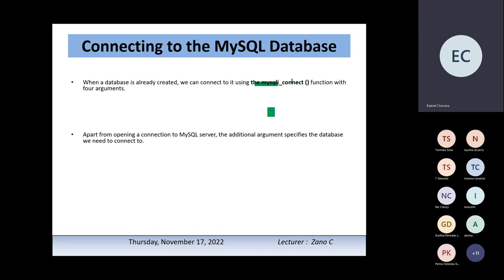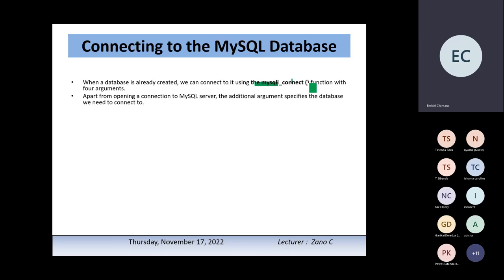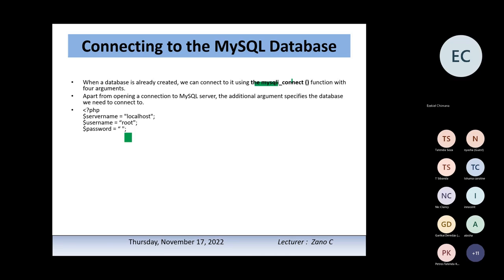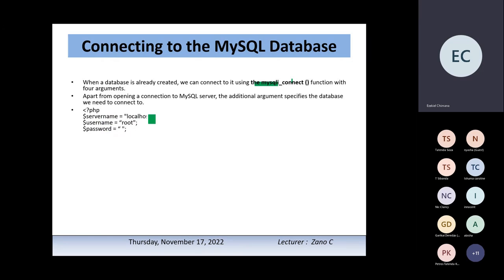Otherwise, you create the connection with 4 arguments, and the 4th one will be the actual database. Apart from opening a connection to the MySQL server, the additional argument specifies the database we need to connect to. So you put your server name, your username, your password, as well as the database.